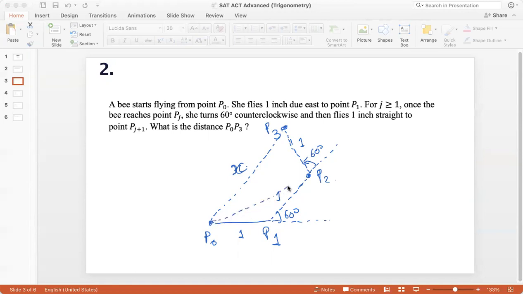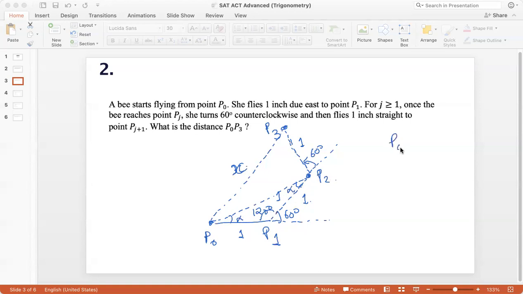P naught P2. So this is 1 and this is 1, right? So this is an isosceles triangle. If this is 60, then this angle has to be 120 because these two angles are on a straight line. And this angle, let's say this is alpha, has to be equal to this angle alpha, because in an isosceles triangle, the angles opposite equal sides are equal.